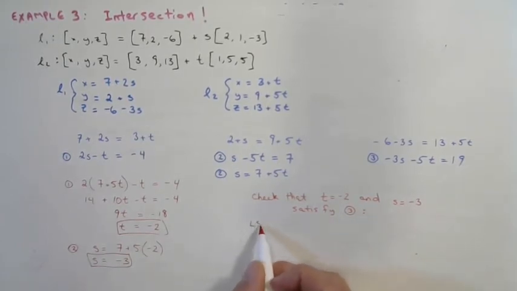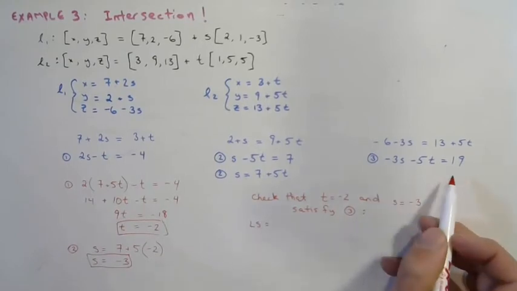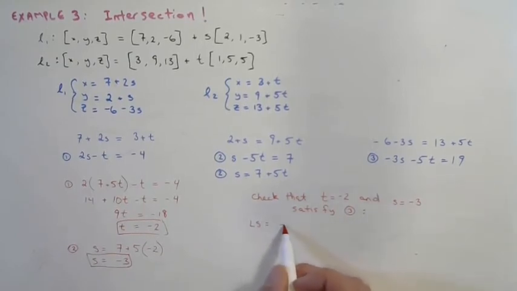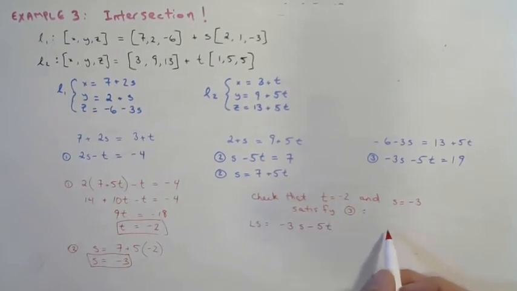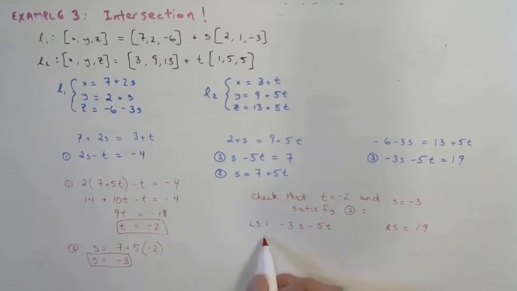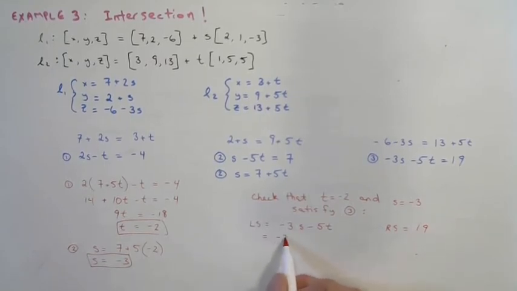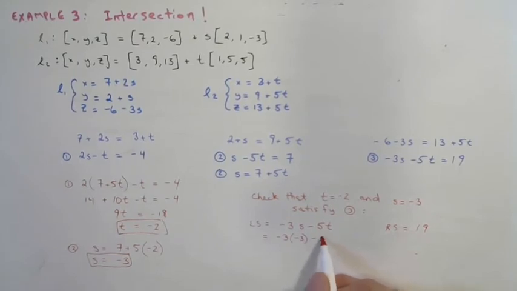So on the left side for equation 3, I've got negative 3s minus 5t, and on the right side I've got 19. Sub in my values for s and t, I get negative 3 times negative 3 minus 5 times negative 2.